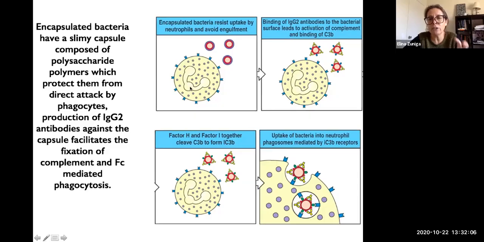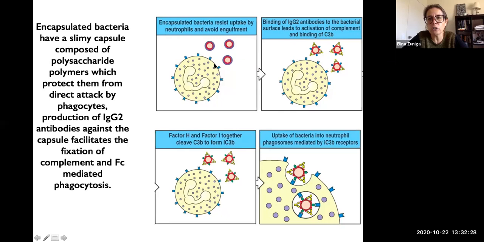So these bacteria cannot be fought or eliminated by neutrophils, because they are protected from the phagocytic and microbicidal activity of the neutrophils. Because of the capsule, they cannot be phagocytosed.